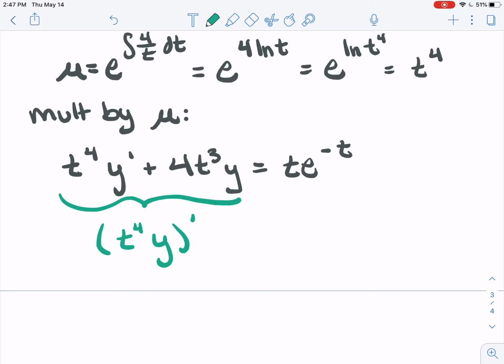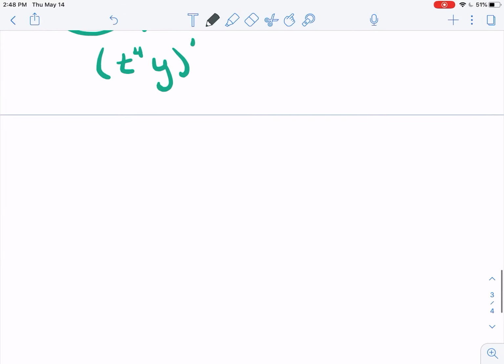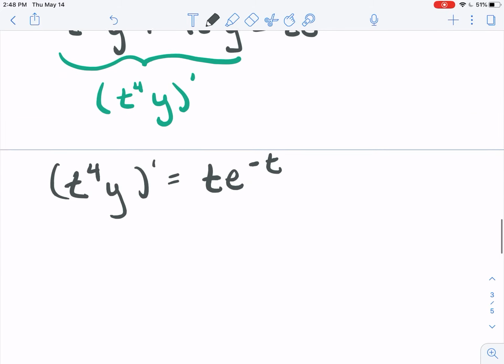And again, I can always check that I've done this correctly up to this point by taking that derivative using the product rule. I do get back t to the 4th y prime plus 4t cubed times y. So now we have t to the 4th y quantity prime equals t e to the minus t on the right-hand side.